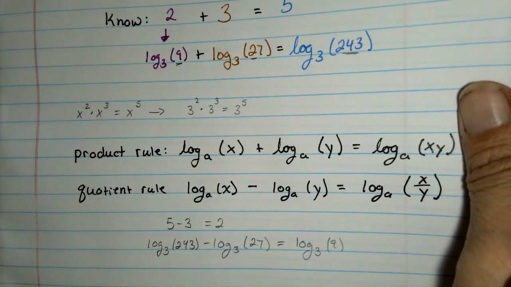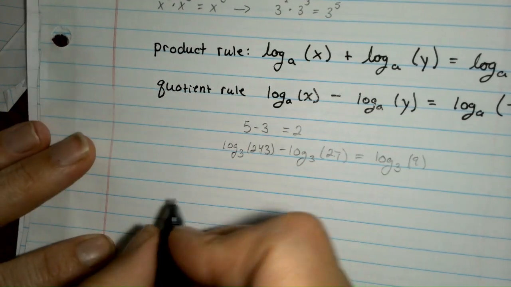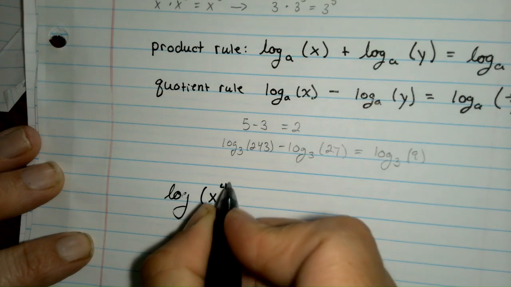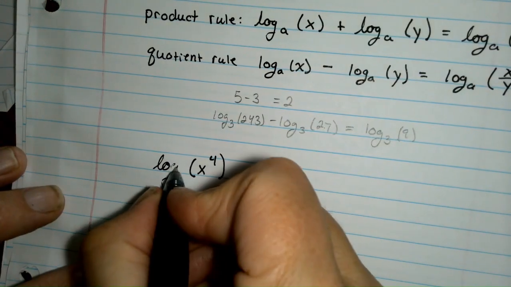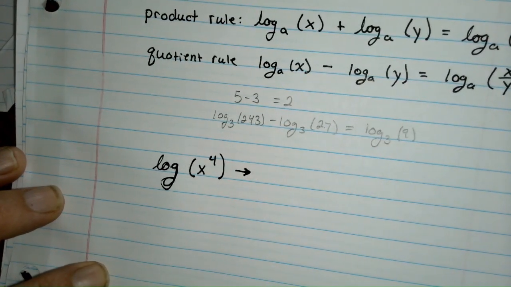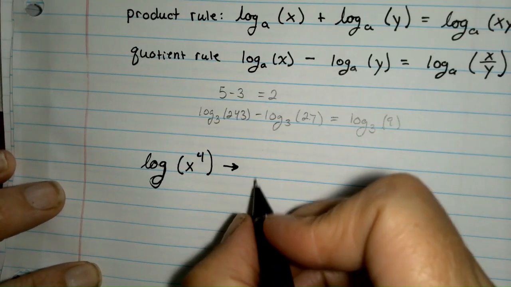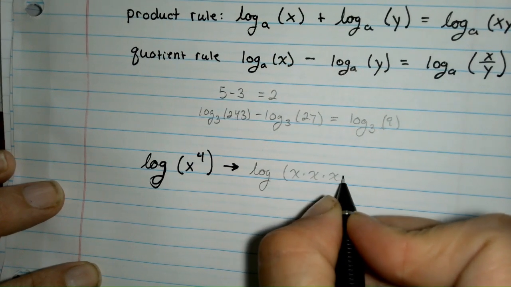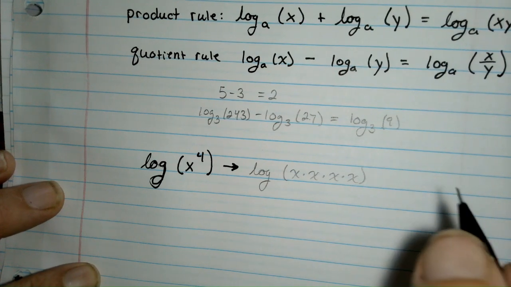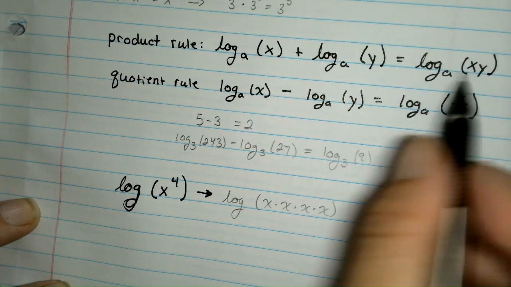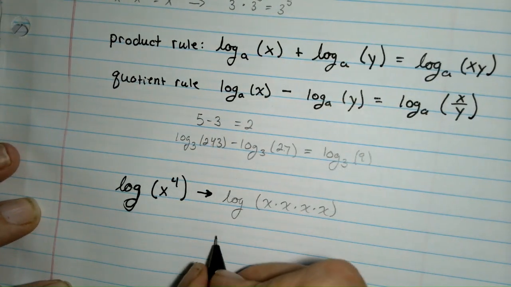So now we're going to develop the power rule. And I'm going to do this with common log. So we know log of x to the fourth is log of x times x times x times x. But the product rule says I can expand it out to where, instead of going from a product, I can expand it to a sum.